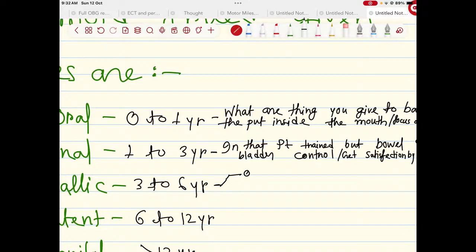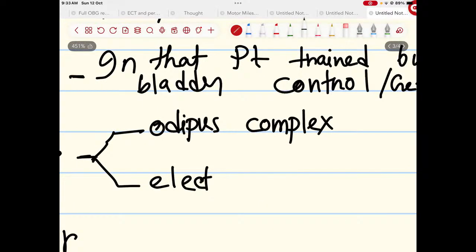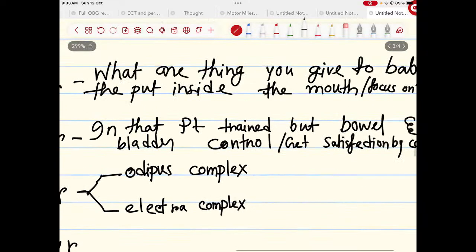First is the Oedipus complex, and the Electra complex. So Oedipus complex and Electra complex.